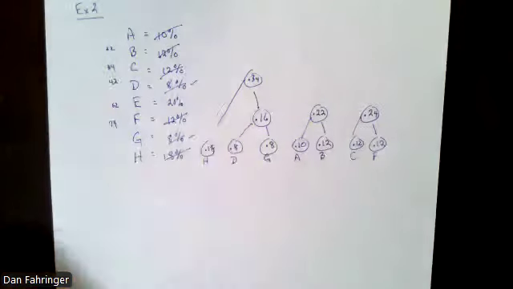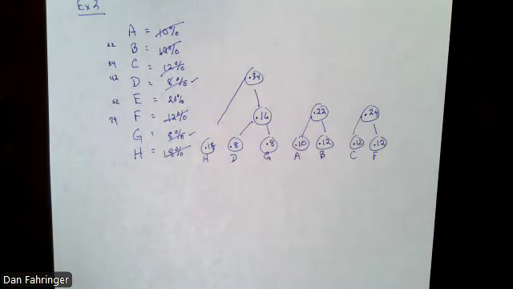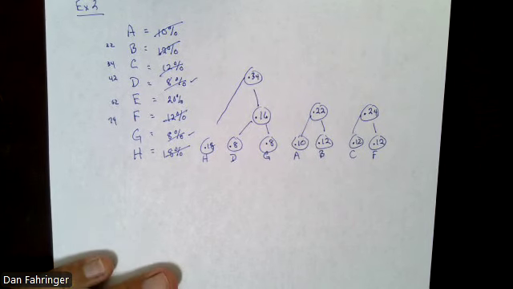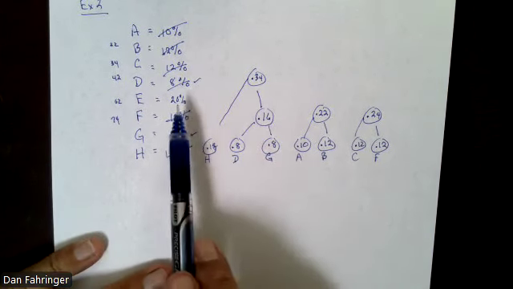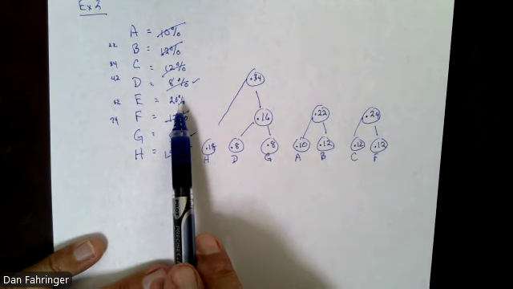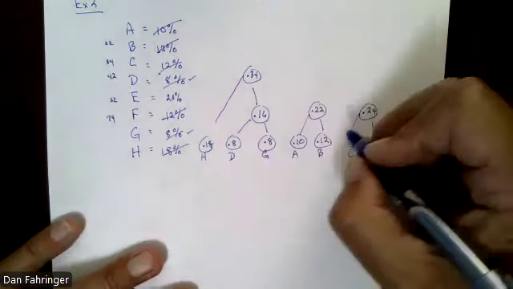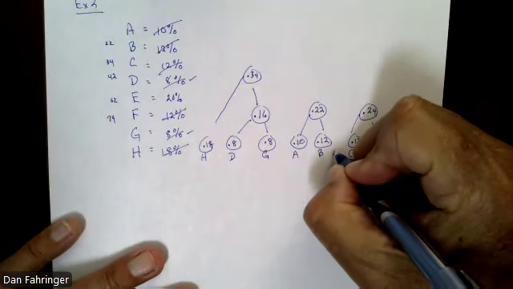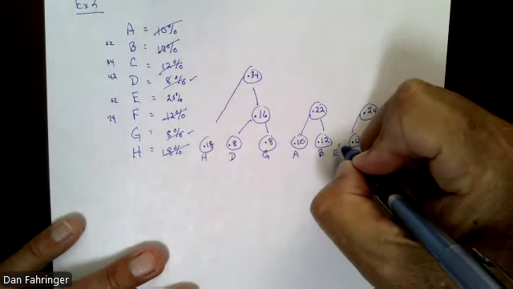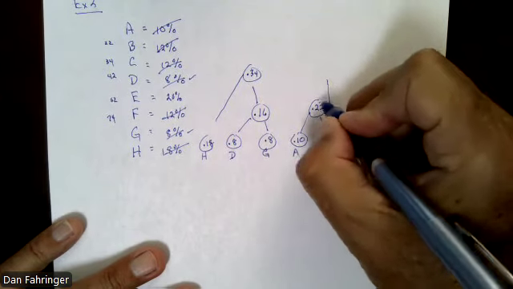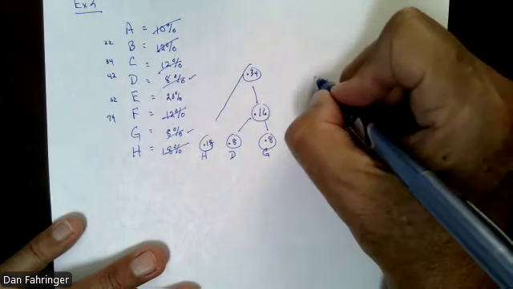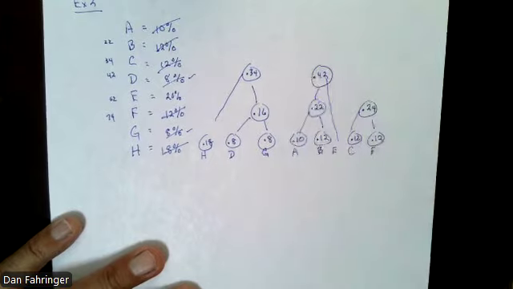So H is off the table. Uh-oh, I'm going to have to do E with what? 0.22. Yeah. So let's put E in here and we're going to go up. E and 0.22 gives me a 0.42.